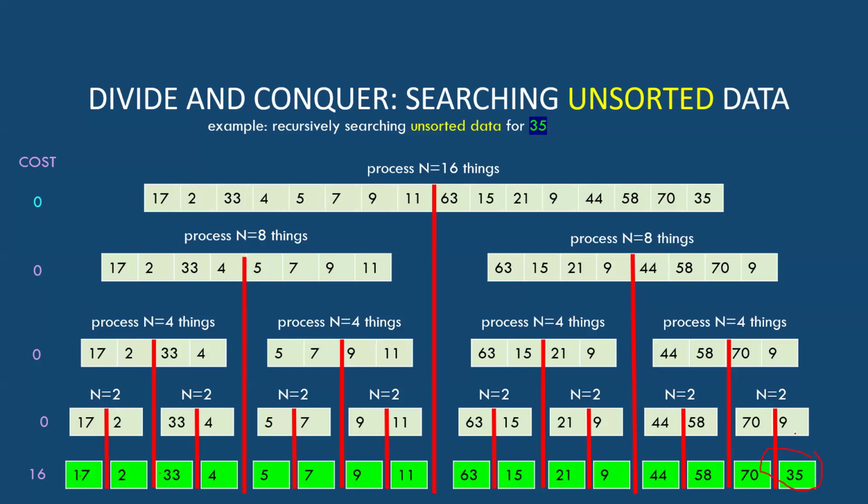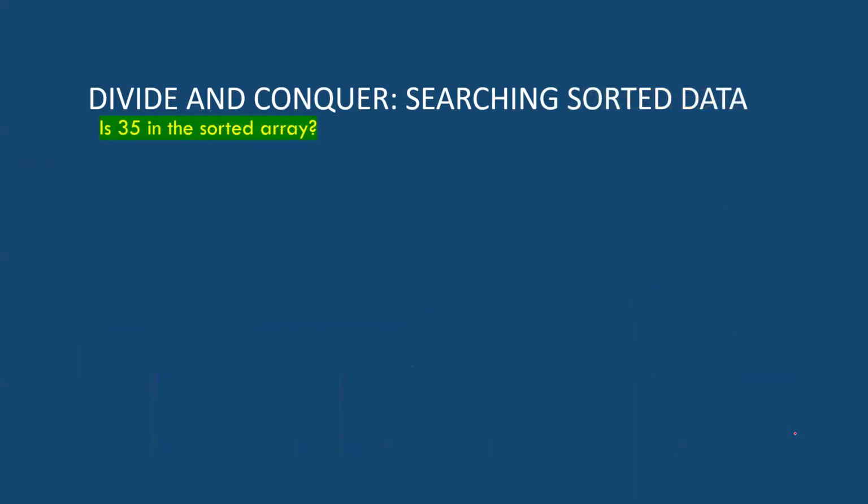I get to the bottom and I know the 17's not it, then the 2's not it, etc. So that's where the work gets done, at the very depths of our recursive travels. We do 16 checks, and that's no better than a linear search. So 16 compares is just as good as searching linearly through there.